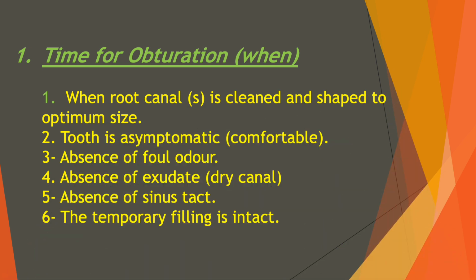First thing, when the root canal is cleaned and shaped to the optimal size. So we have to clean the canals to the optimal size. We cannot clean the canal to less than the optimal size according to each tooth.